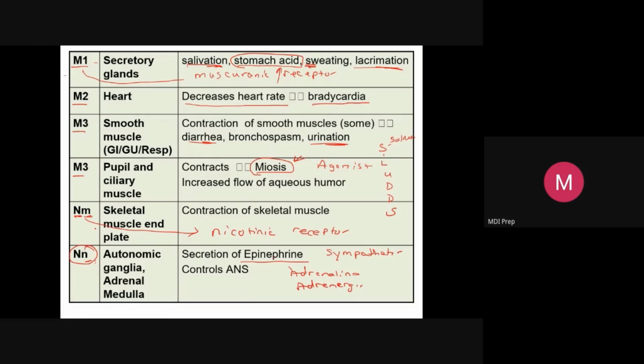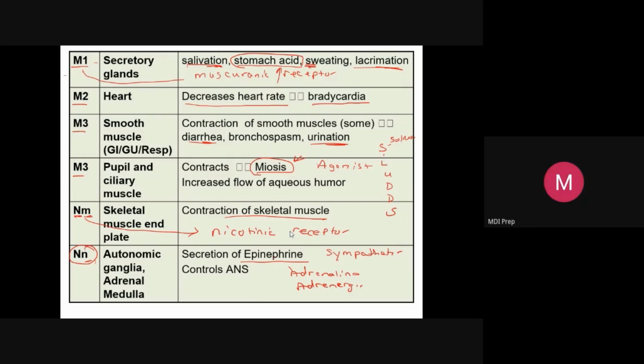Now look at the skeletal muscle, right? So contraction of the skeletal muscles is also under nicotinic control. So nicotinic is a voluntary control. Typically you can't control your heart, right? You can't control the smooth muscles of your GI system typically, right? But you can control your skeletal muscles.